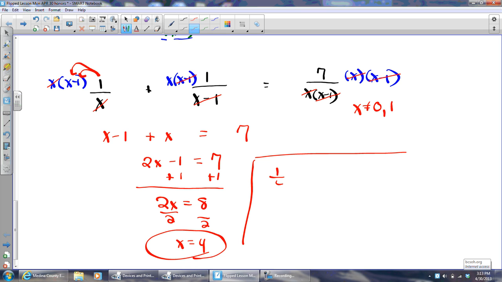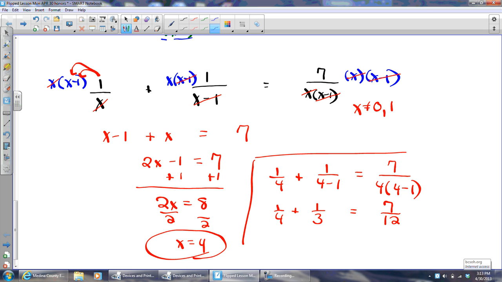1 over 4 plus 1 over 4 minus 1. I'm trying to say that's the same as that. Well, let's see here. 1/4 plus 1 over 3. And if it's true, that would be 7 over 12. So let me get a common denominator here.